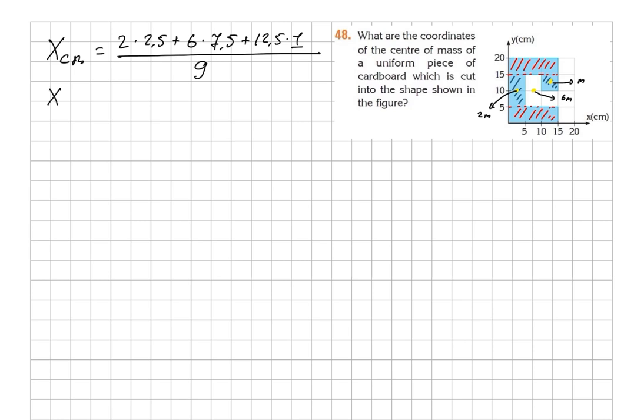So if you add all of them, let's calculate it, plus 7, 6 multiplied by, plus 0.5 times.